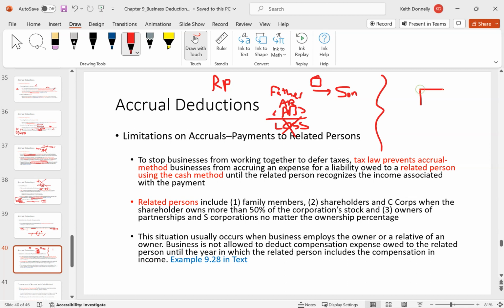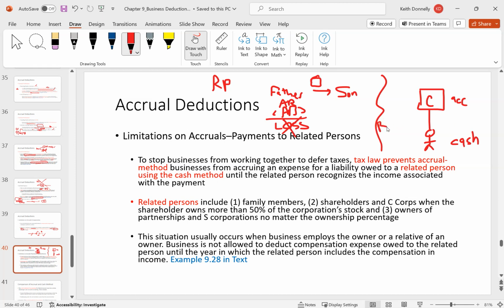So when you have a business, let's just say you have a C Corp, and it is accrual method. And they have an owner, let's just say you, who is cash method. There's a mismatch there because they're using accrual and you're using cash.